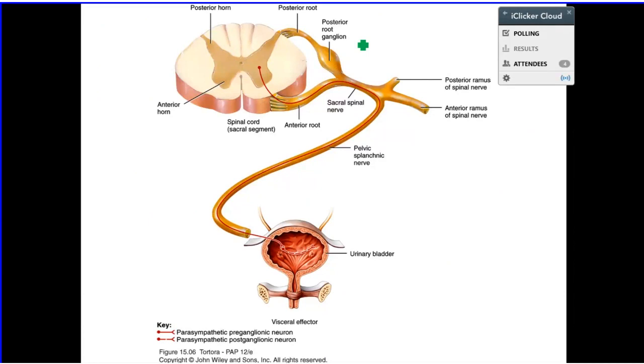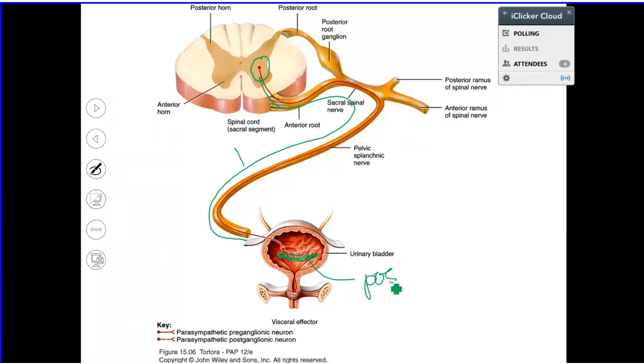And this is a great example of why they get their name terminal. If you look really closely, here's our first motor neuron exiting the spinal cord. What do we call that first one? It's our preganglionic. Now you have to look super closely, but here is a dotted second neuron. What do we call this dotted second neuron? So we still have our two neurons.